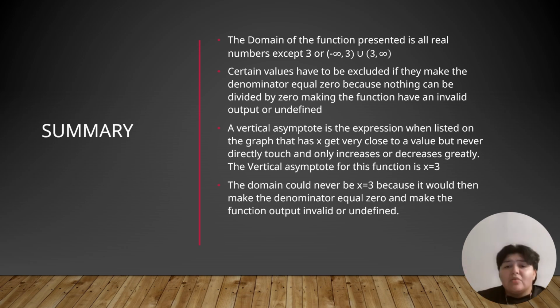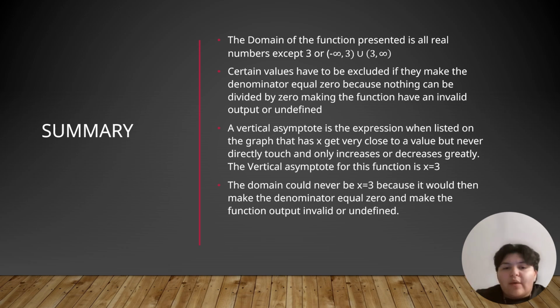Certain values have to be excluded because they would make the denominator equal 0. They would make the function have an invalid output or make it completely undefined. That vertical asymptote is what we consider our do not cross line. It's the limit for our function if we were to graph it.